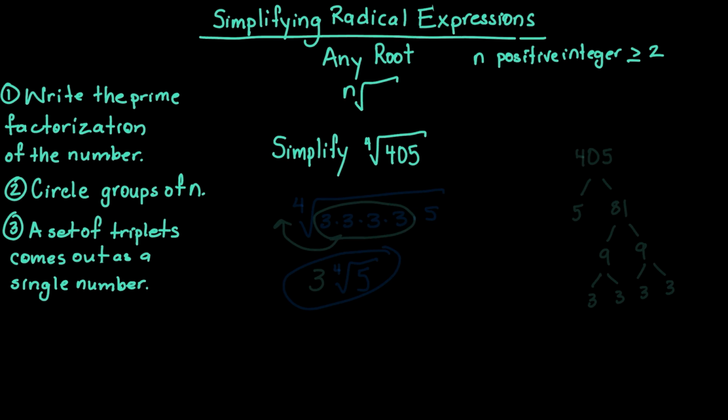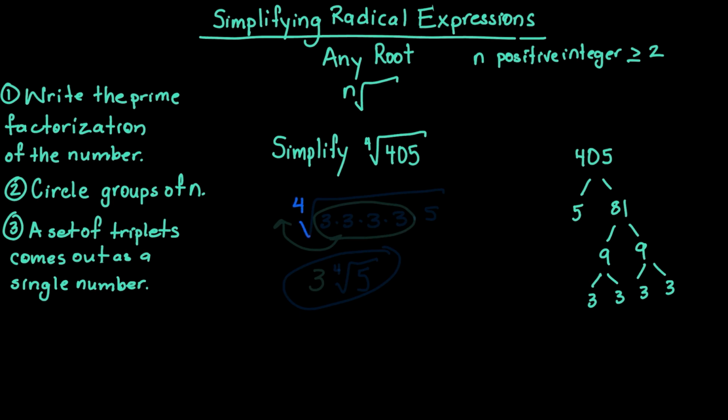For our last example, let's simplify the fourth root of 405. We'll take 405 to the side. 405 ends in a 5, so we know it's divisible by 5, and it's 5 times 81. 81 is 9 times 9, and each 9 breaks into 3 times 3.